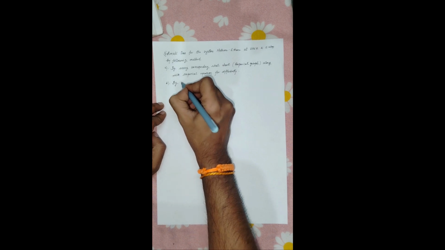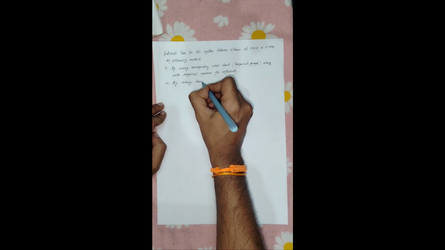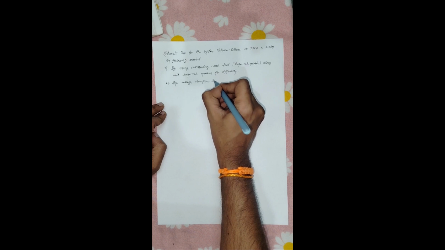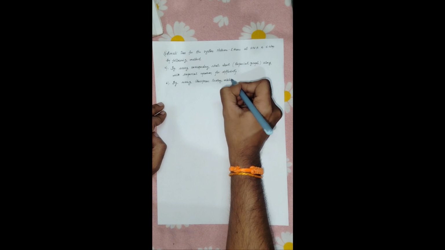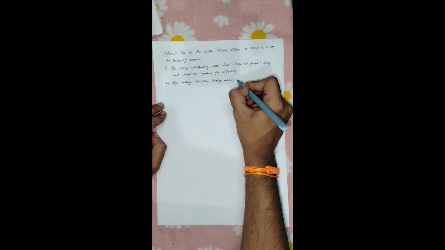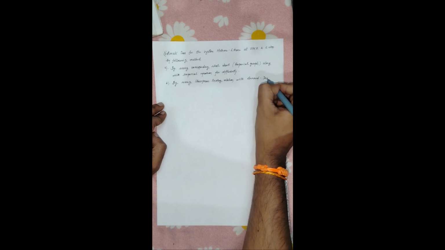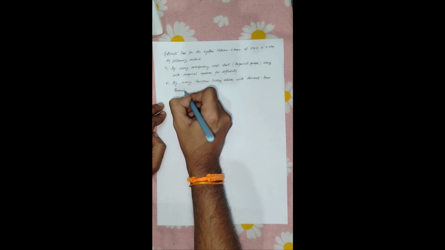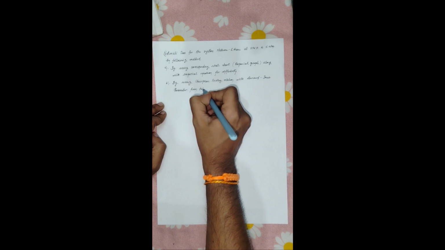And part second is by using the Chapman and Enskog relation with Lennard-Jones parameters from the table.